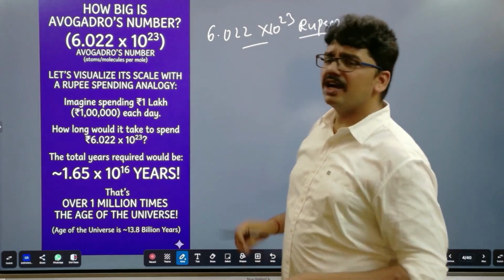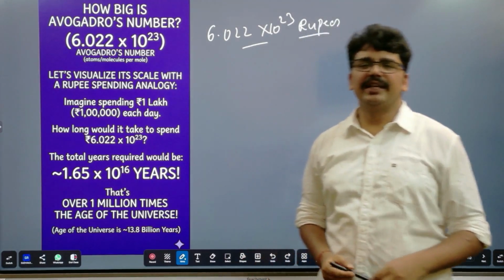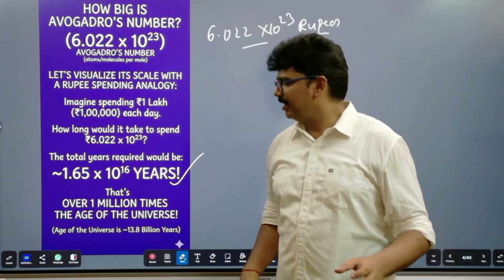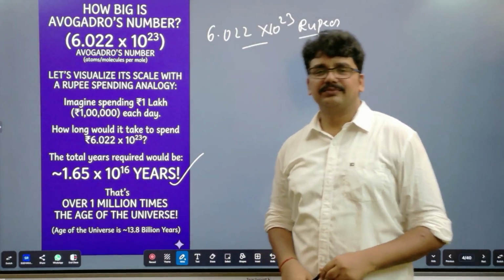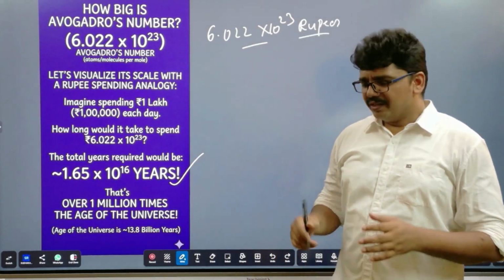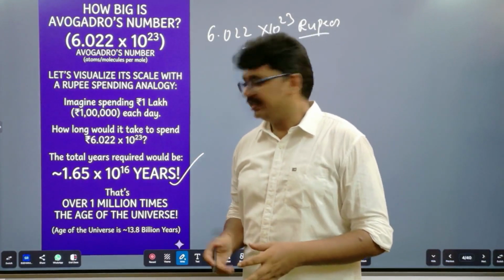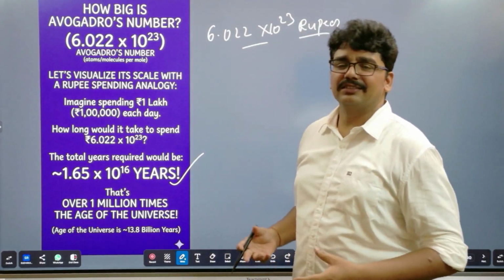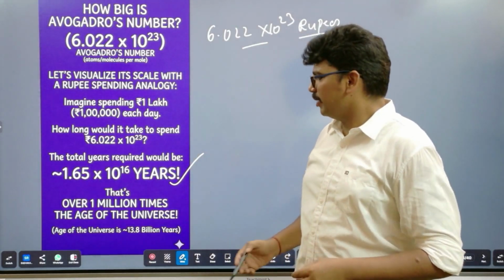To spend Avogadro money, how much time it will take? If you calculate it, the answer is 1.65 into 10 power 16 years. When we are spending 1 lakh rupees per day, it will take 1.65 into 10 power 16 years. That much huge number the Avogadro number is.